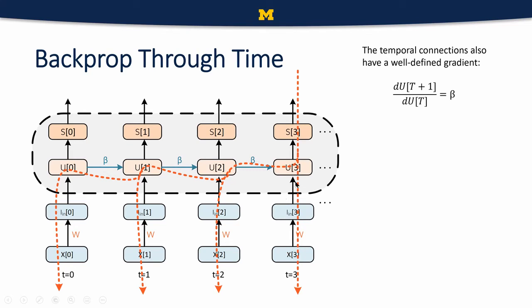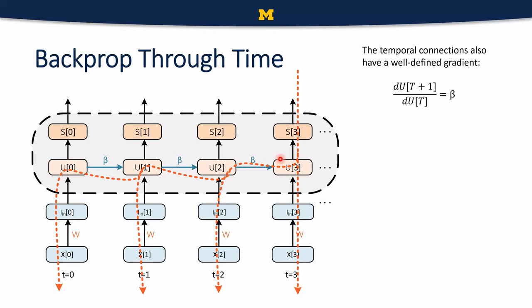If we go back in time, the temporal connections, what would typically be regarded as recurrent connections, are this pass of membrane potential through its decay, beta. If we backpropagate through that connection, the derivative of the membrane at some time step with respect to its previous time step is just beta.